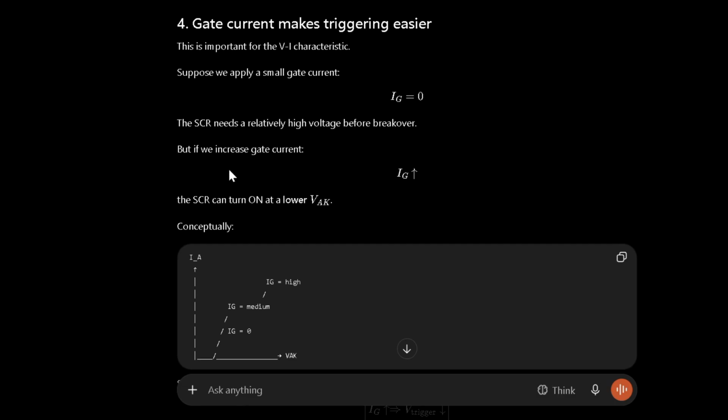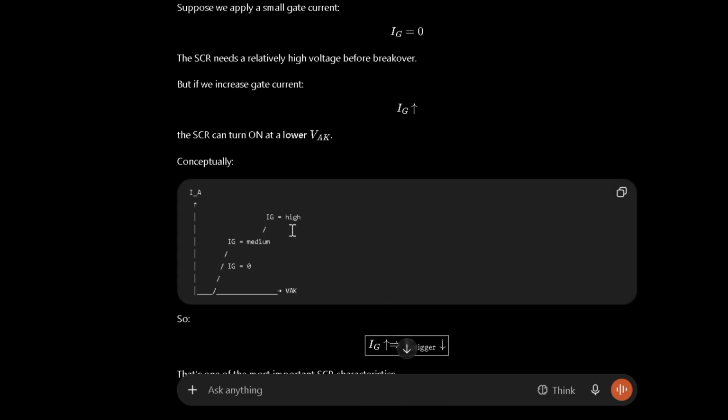That is one of the most important SCR characteristics.